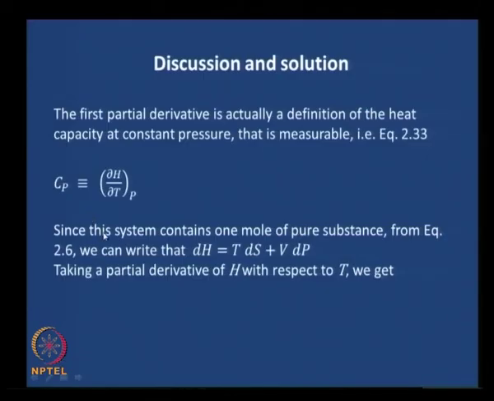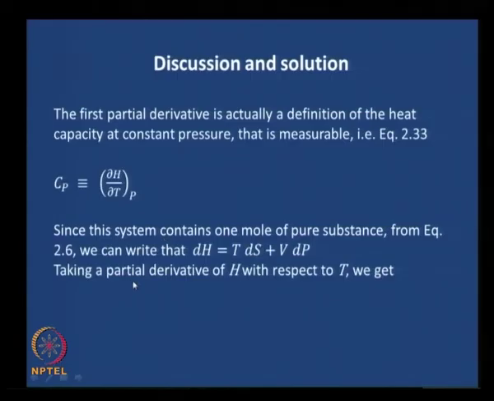Since the system consists of 1 mole of a pure substance, if you look at equation 2.6 that we had written earlier, we can write the same equation, dH equals TdS plus VdP. This is for a closed system consisting of 1 mole of a pure substance.